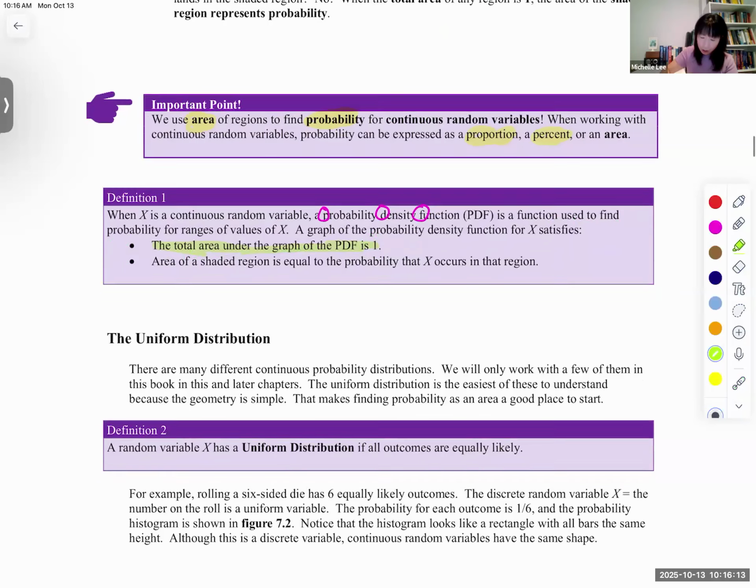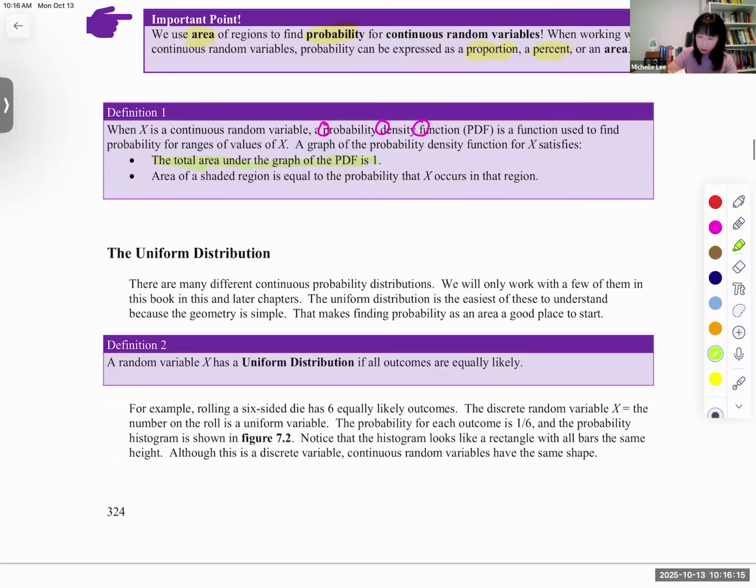All right, so we have a uniform continuous, I'm sorry, uniform distribution. When we hear uniform distribution, what are we thinking about? We did this one before. Uniform means everything is equal, equally likely.